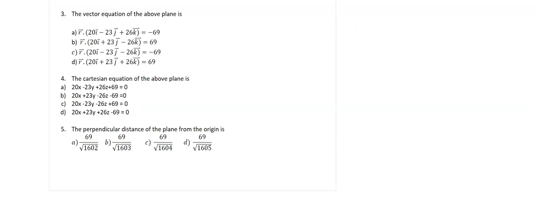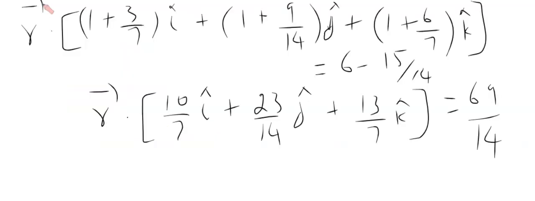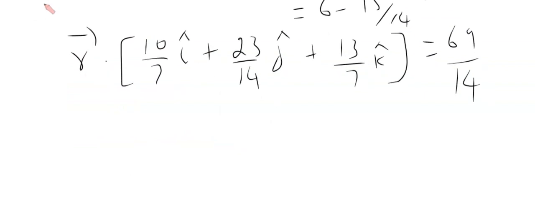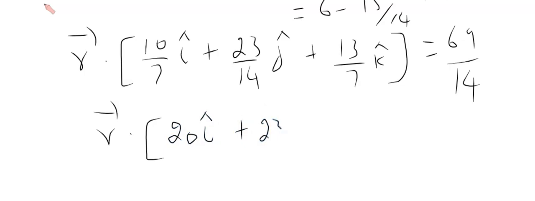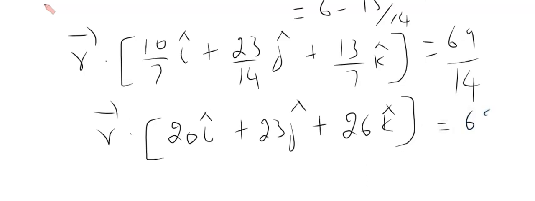Or we can even further reduce this as r vector dot 20i plus 23j, taking the LCM, plus 26k by 14, and this 14 on the left hand side and the 14 on the right hand side gets cancelled, so that gives you 69.